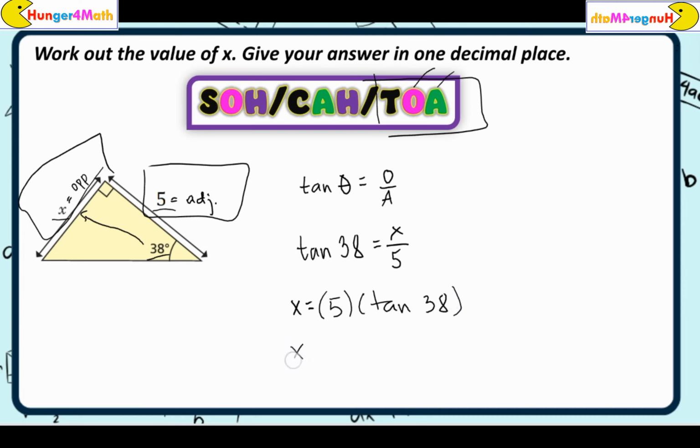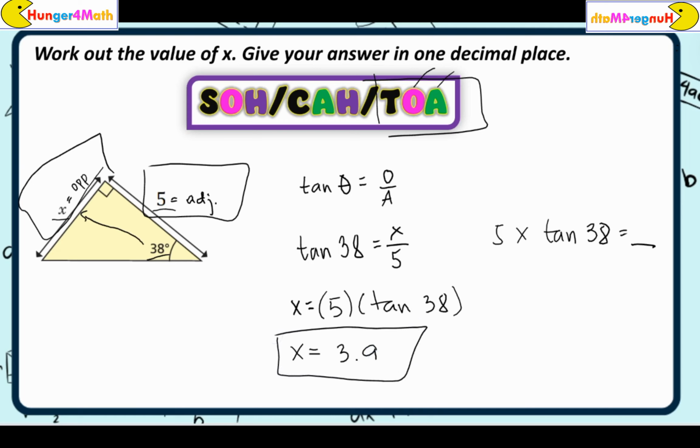So x is equal to, using your calculator, press 5 times tangent 38 equal, that would be 3.9 in 1 decimal place. The value of x is 3.9.